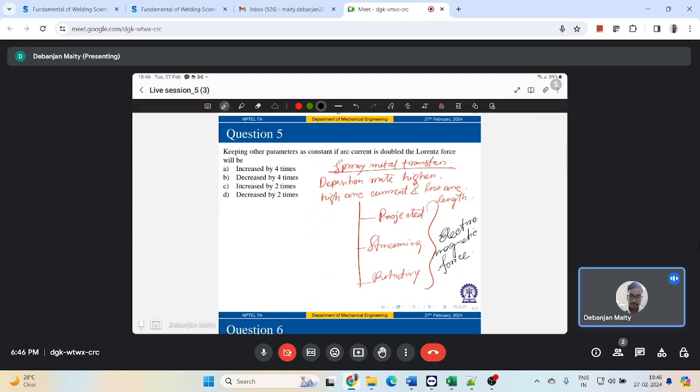It will be a regular kind of droplet deposition over your workpiece, and it can only be used in flat position, right? Because of the large volume of molten pool it generates. Mostly this projected spray metal transfer happens in flat position.